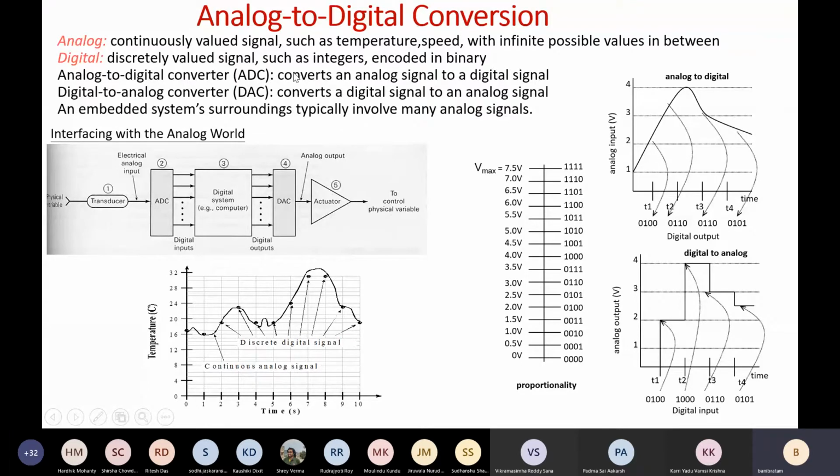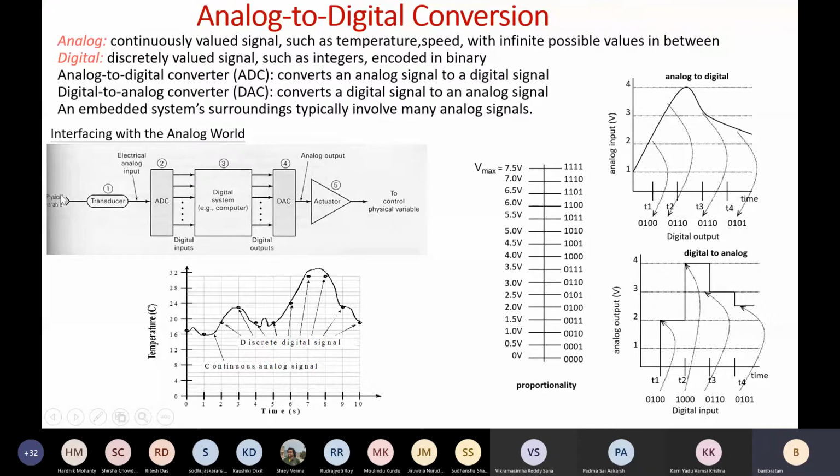Similarly, at the output end, when the digital signal has been processed inside the microcontroller, we need to give some command to some actuator, and we might require to convert the digital signal into an analog signal with the help of the DAC or the digital to analog converter, right?